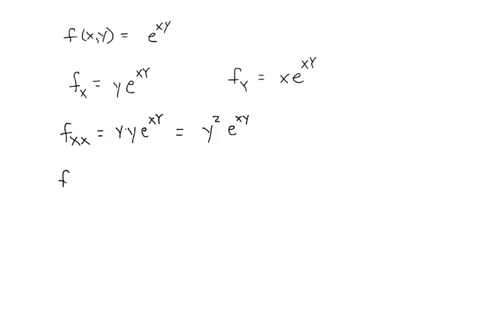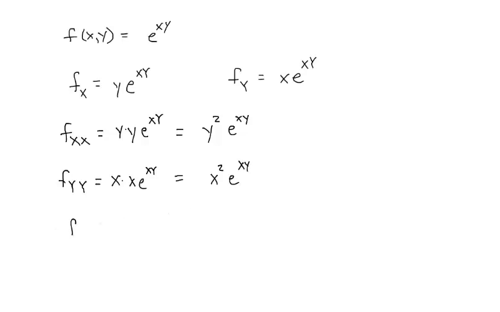For our partial with respect to y again, we start with the partial with respect to y, and remember, again, x is a constant, so we have x times the rewrite of our exponential times the derivative of the exponent with respect to y, which is x. So in this case, we have x squared e to the xy.